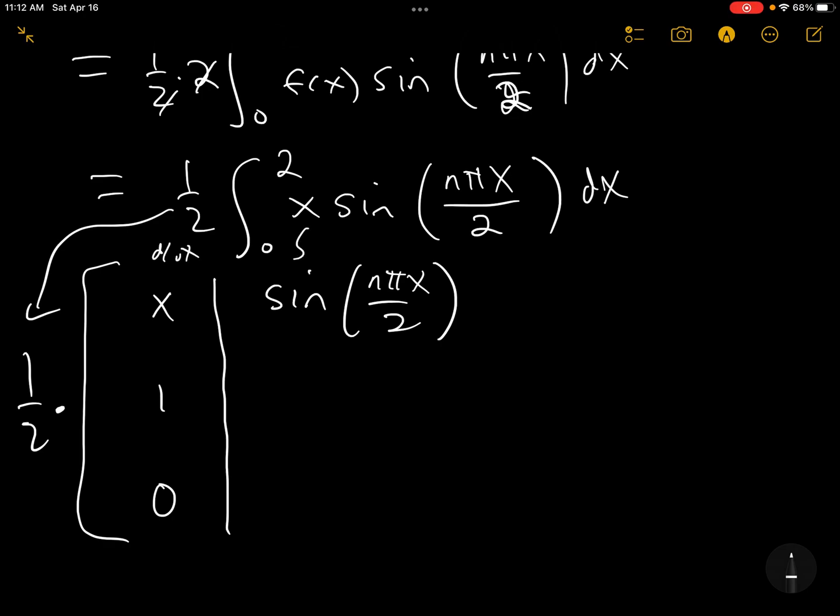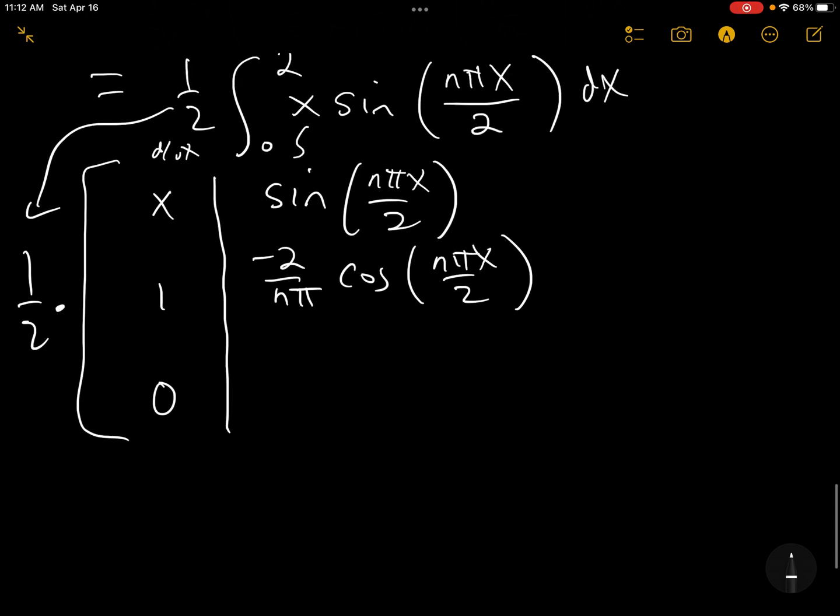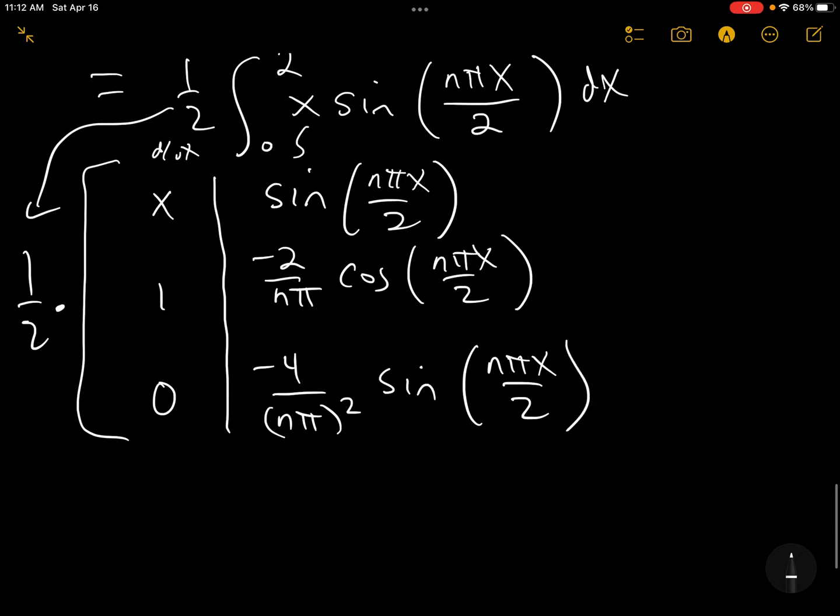So you differentiate on the left, integrate on the right. When you integrate sine, you get minus 2 over n pi cosine n pi x over 2. Integrate again, and you get minus 4 over n pi squared sine n pi x over 2.